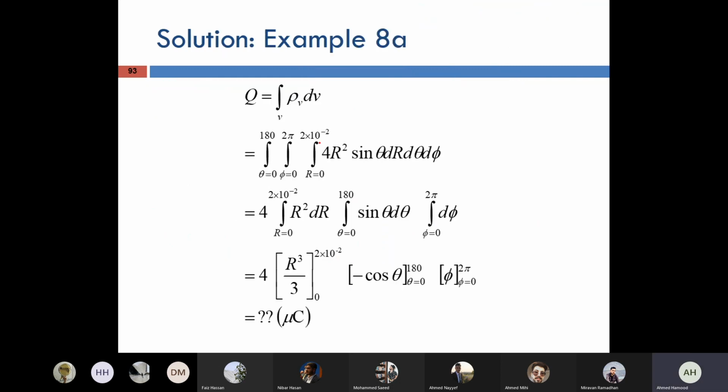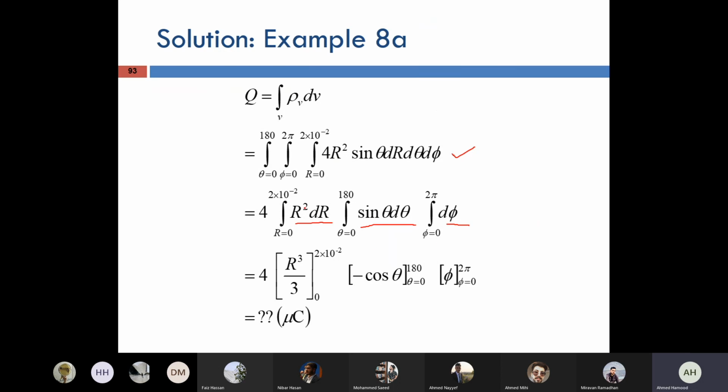So we already know how I got these equations. Now I need to do the integrations. How to do integrations? I have to separate the variables: based on r, I separate it here; based on theta, I separate it; based on phi, I separate it. Then I do the integrations one by one.